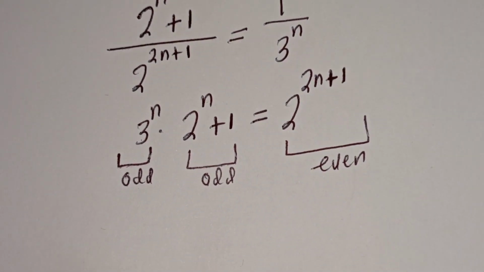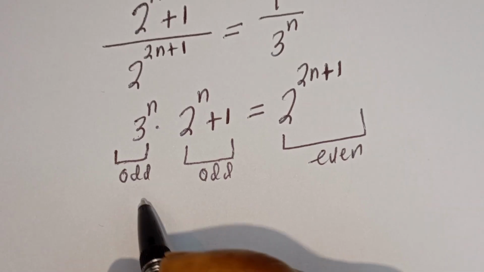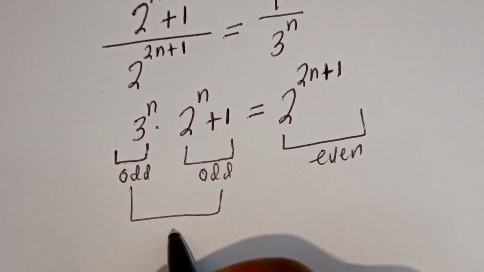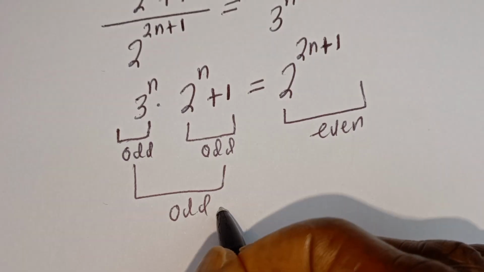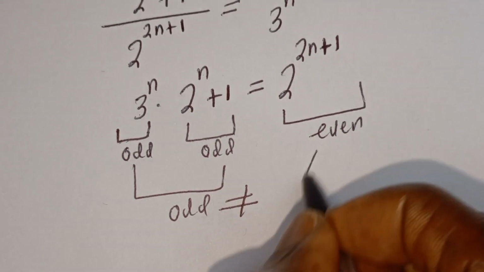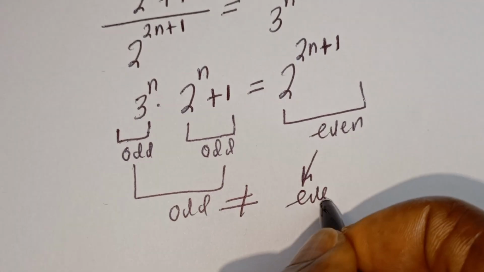Now, if you multiply this odd by odd, what will you get? You get odd. And at this point, this is not equal to this even.